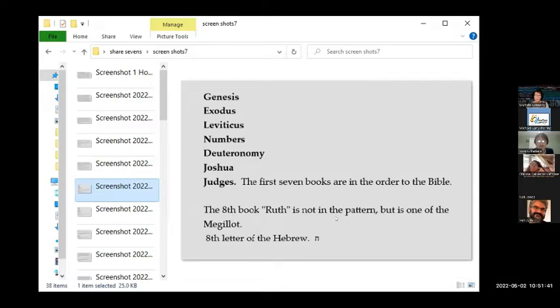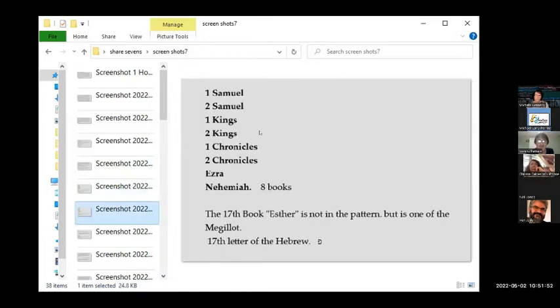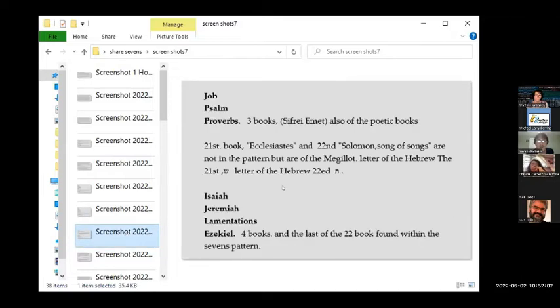It skips the book of Ruth, but it's one of the 5 scrolls. So I gave it the 8th letter of the Hebrew. Then I went on, and these are all in the pattern here, 8 books. And then the 17th book, Esther, is not in the pattern, but she is one of the 5 scrolls. Here we go again.